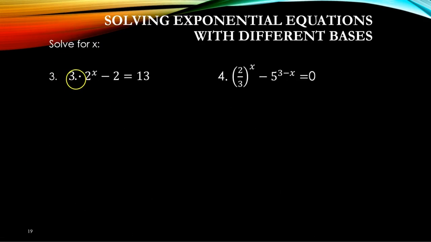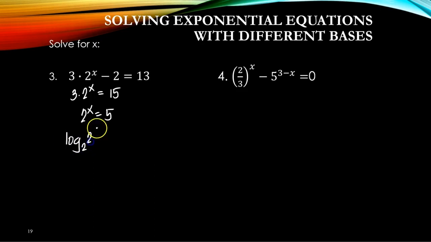Let's try this. This has 3 times 2 raised to x. So let's combine those first that don't have powers. So this is 15, 13 plus 2. And then I divide everything by 3. So 15 divided by 3 is 5. So this one's easy. If you want, you can apply base 2 log. Let's try.